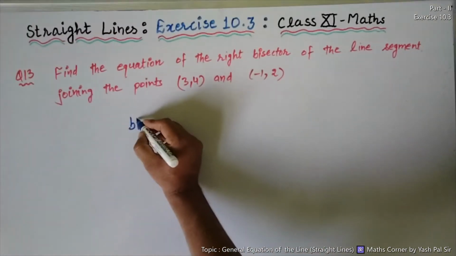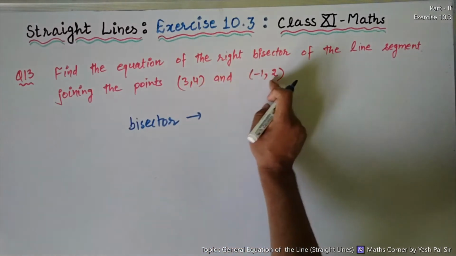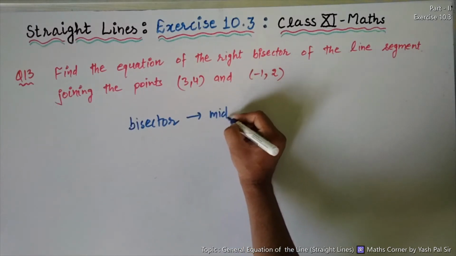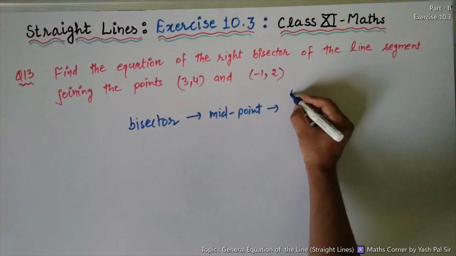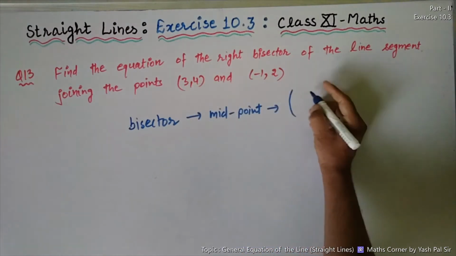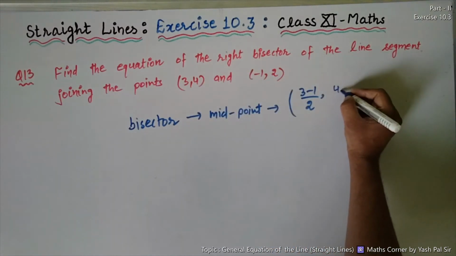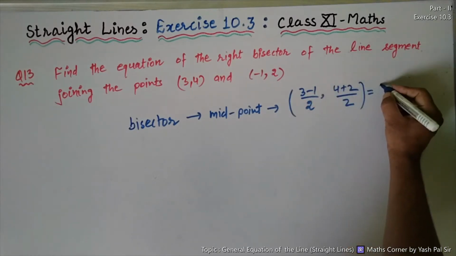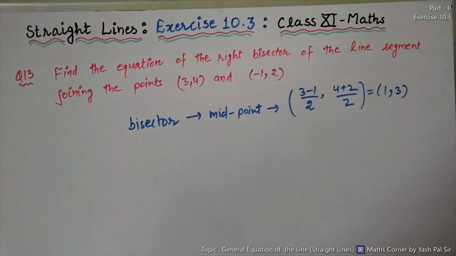So first of all, the word bisector means we need to find the midpoint, which is equal to 3 plus 3 minus 1 upon 2 comma 4 plus 2 upon 2, which is equal to 1 comma 3. So this is the bisector point, the midpoint.